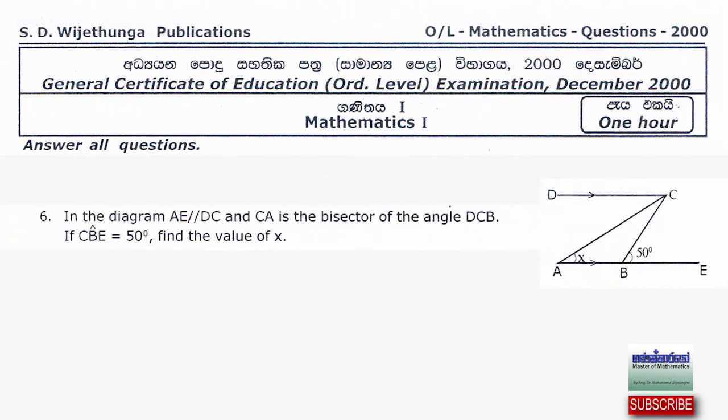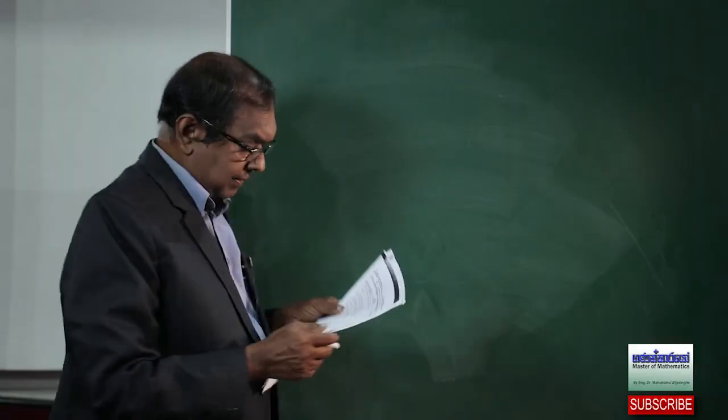Question number 6. Next one is also geometry. In the diagram, AE is parallel to DC, CA is the bisector of the angle DCB. If CBE equals 50 degrees, find the value of x. The figure is given.